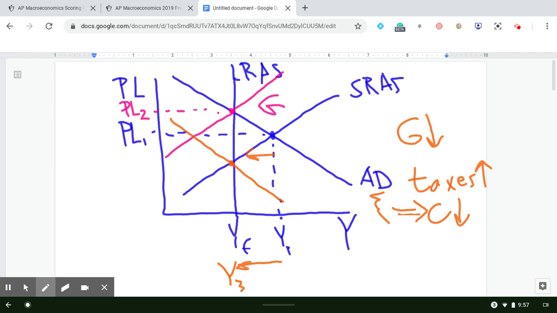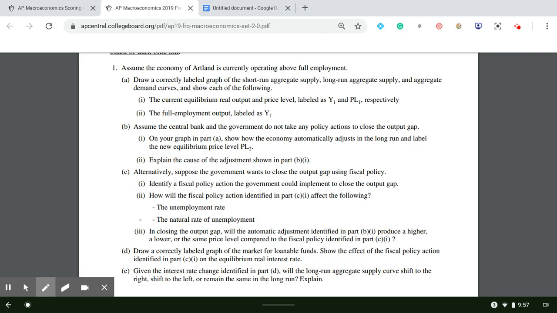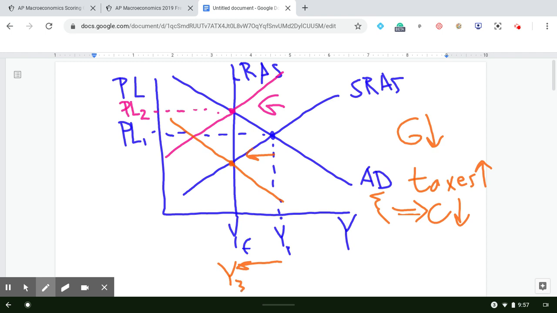And then number 3, it says, in closing the output gap, will the automatic adjustment identified in Part B produce a higher, lower, or same price level compared to the fiscal policy identified in Part C1? And as you guys can tell, and again, this points to why it's important to draw a graph, sure enough, they won't have the same price level.